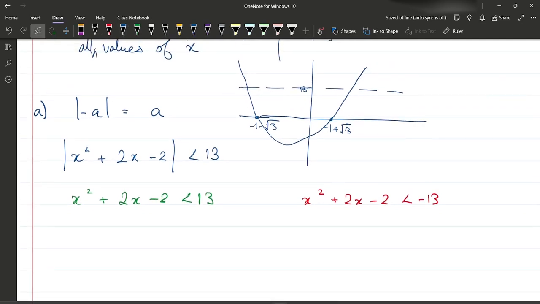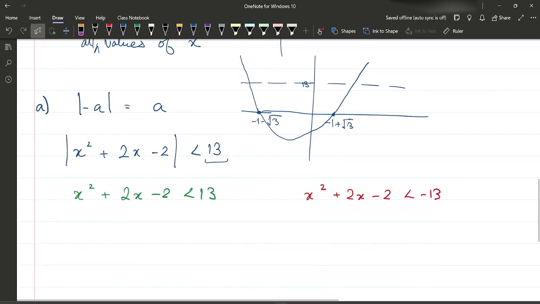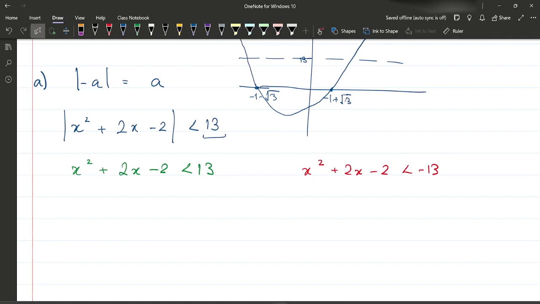And since the question is asking for 13, you look at 13, not minus 13. Okay, all right, so here, let's quickly solve this. So x squared plus 2x minus 2 minus 13 less than 0. So this gives us, I'm gonna quickly solve this, skip a few steps.